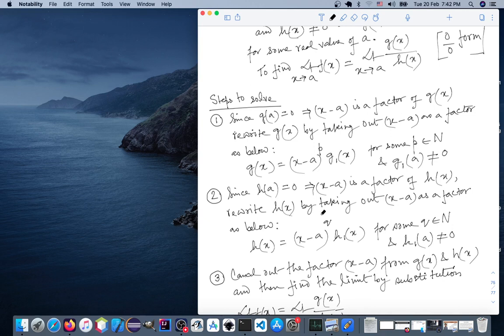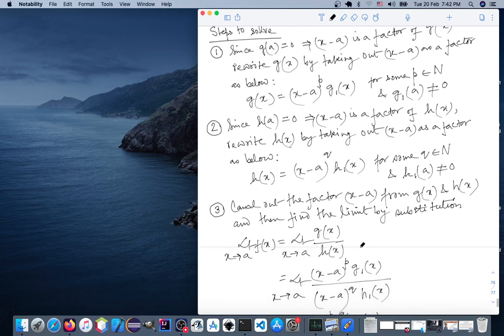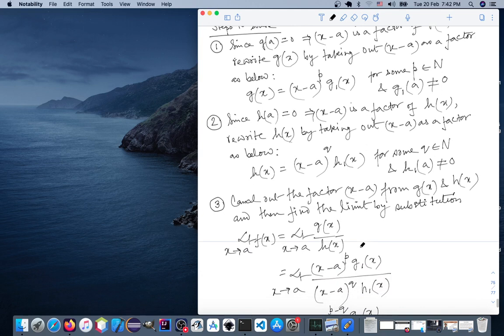Now from g(x) and h(x), we cancel out the factor x minus a, and then we find the limit by substituting the value of x as a in the expression g1(x) by h1(x).